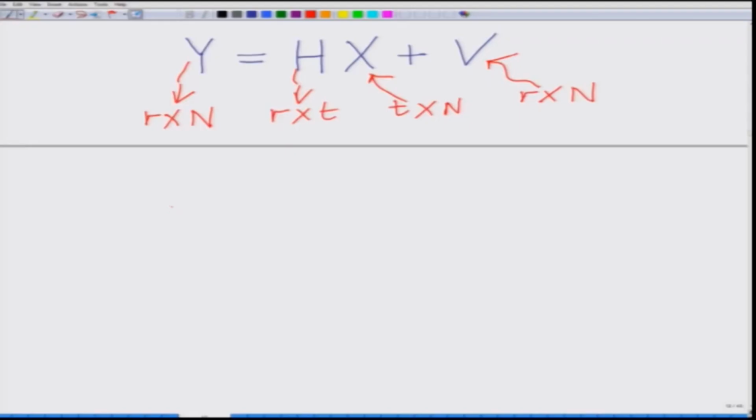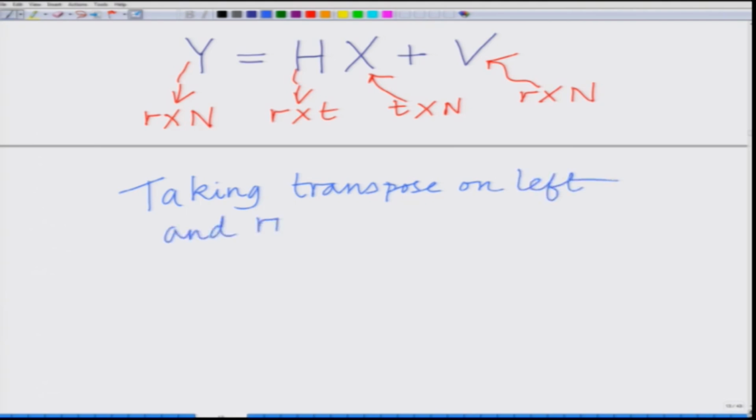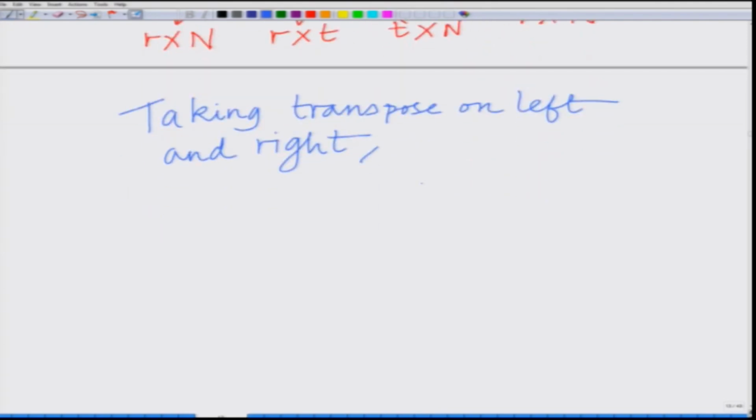So, I can write, taking the transpose on left and right, what do we have?